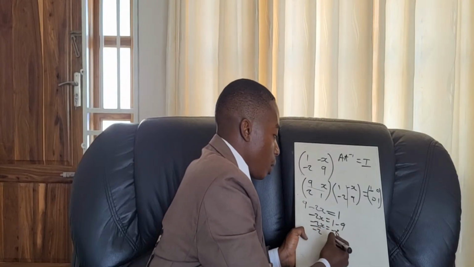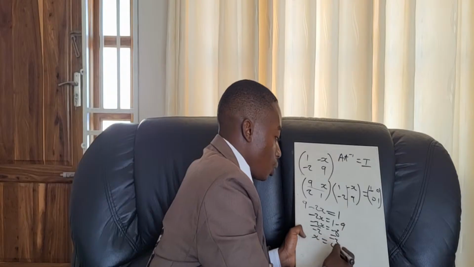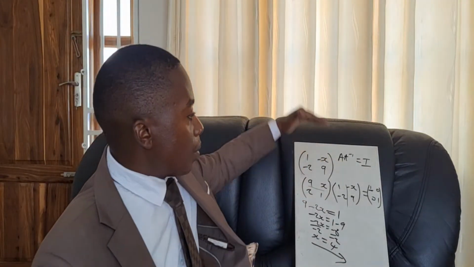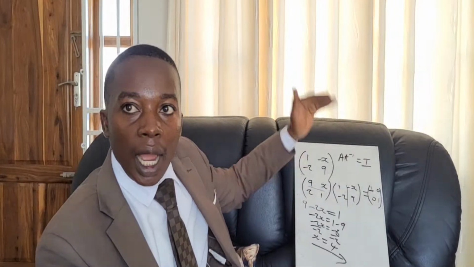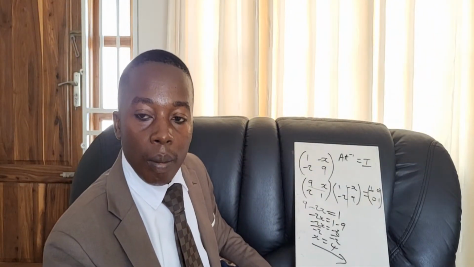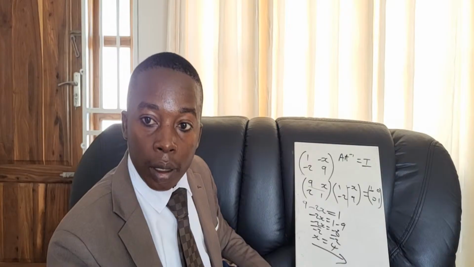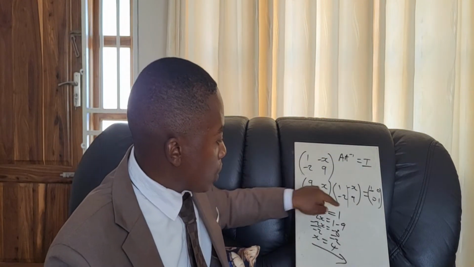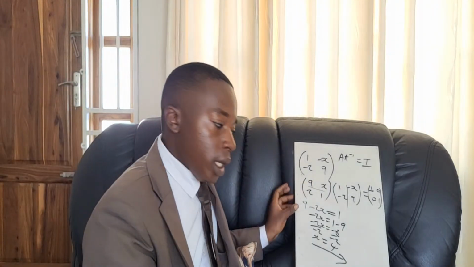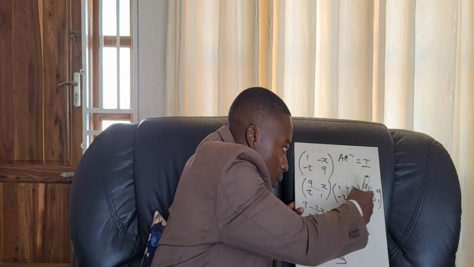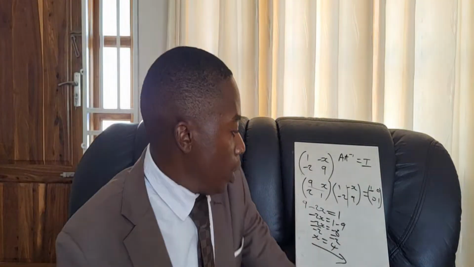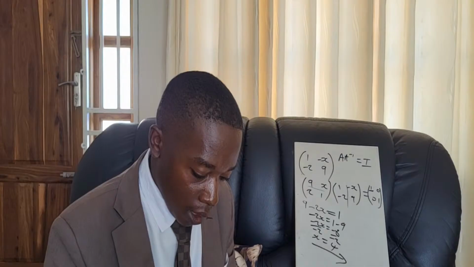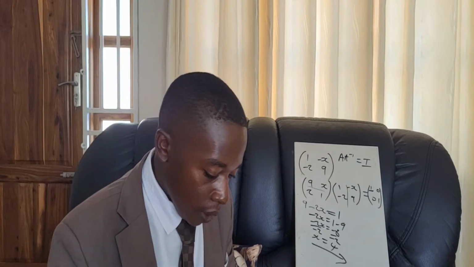Dividing by minus 2, x is equal to 4. I'm going to explain again: a matrix times its inverse gives us the identity, but we are not going to waste time calculating. So x is equal to 4.